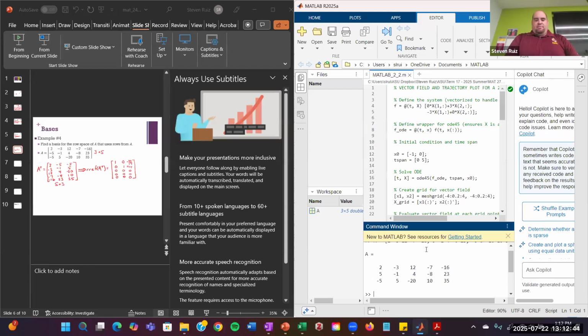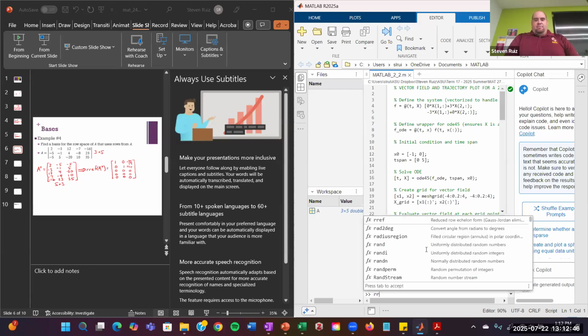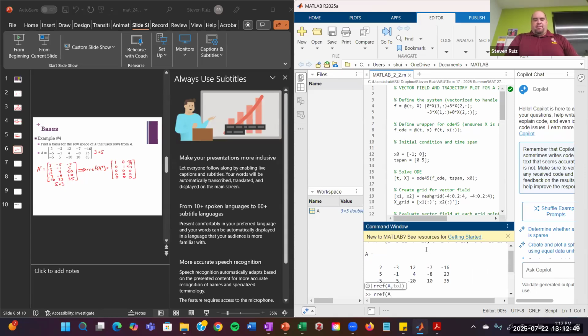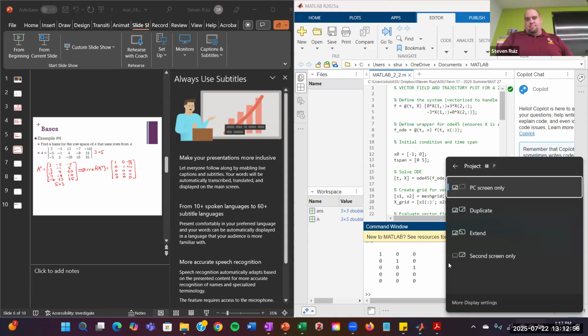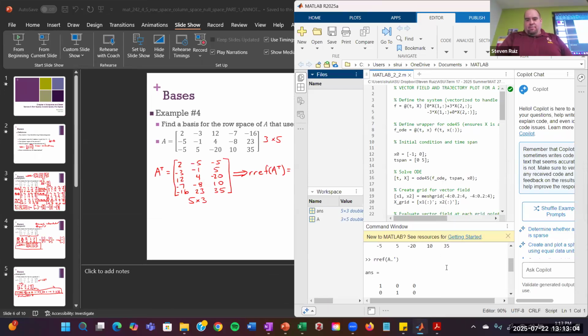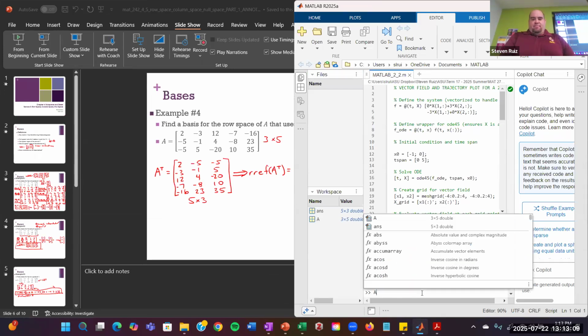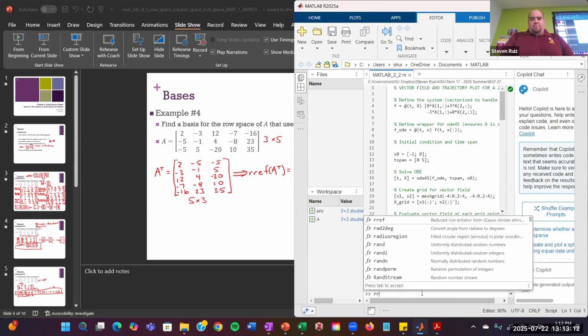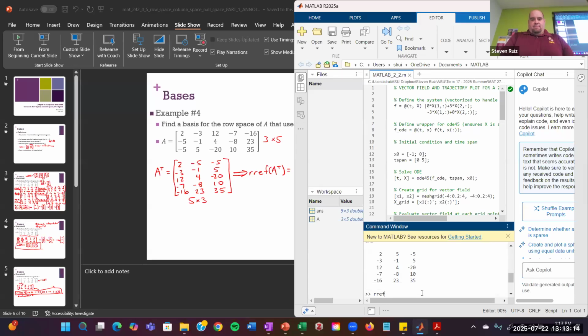Okay, so reduce the transpose. Great. Right. No, MATLAB doesn't agree.